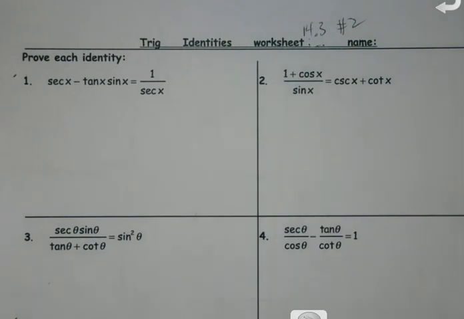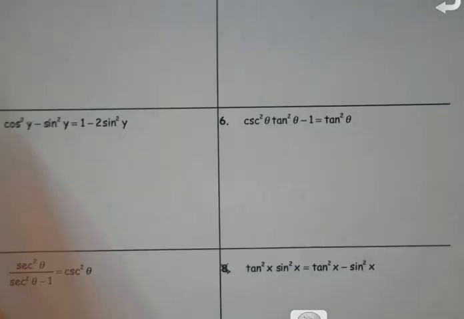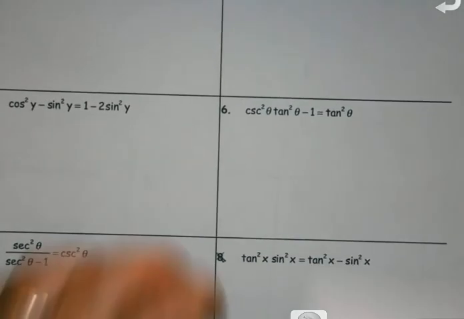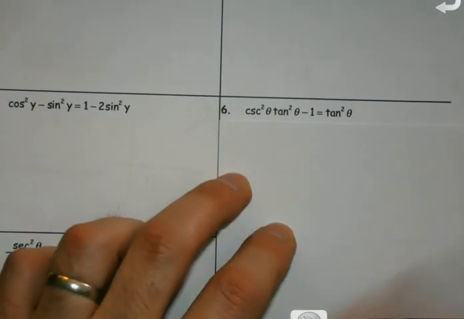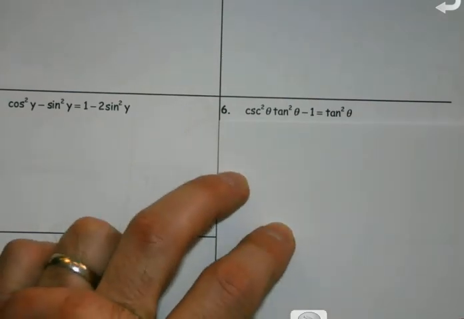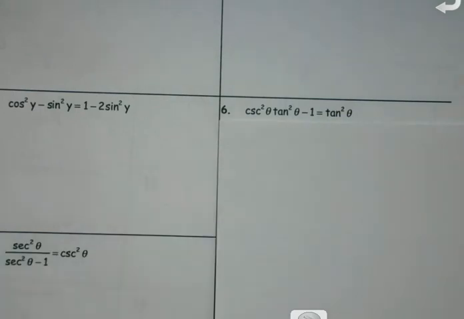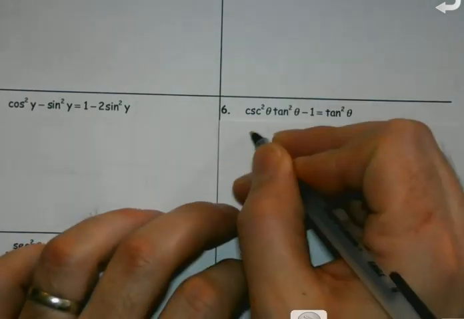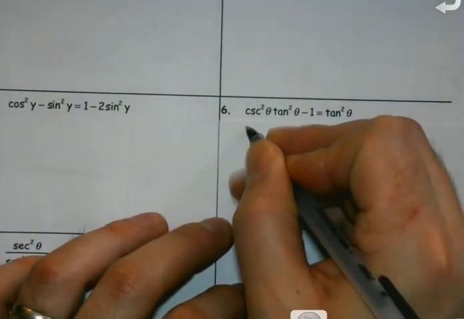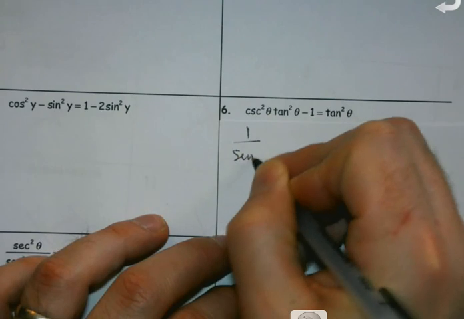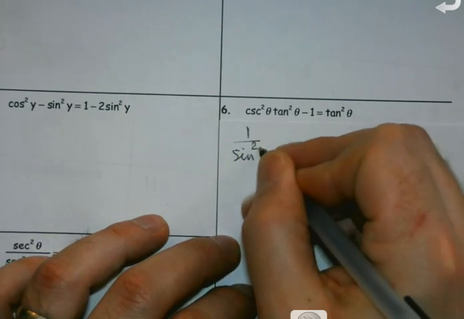Number 6. Let me come up here. Yeah, good choice. All right, let's see what we got working here. We got cosecant squared times tangent squared minus 1 equals tangent squared. So cosecant squared would be 1 over sine squared.